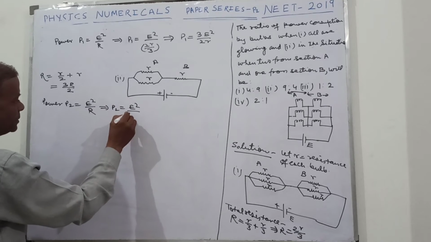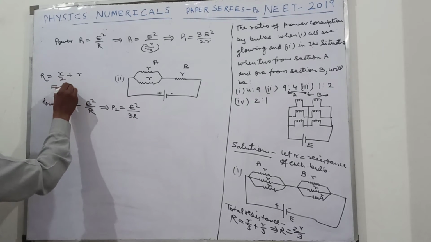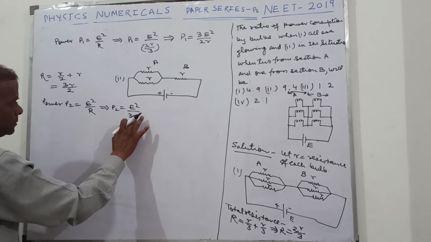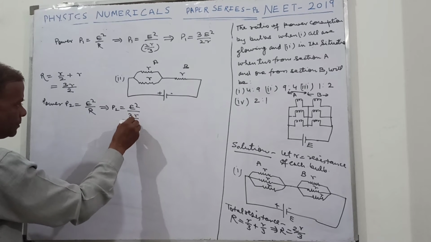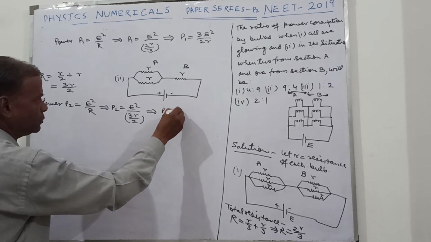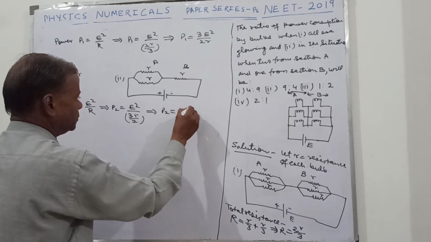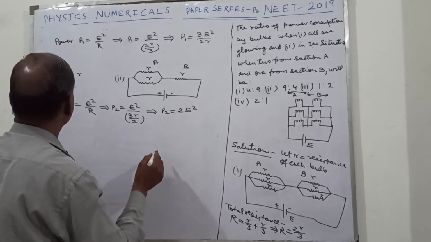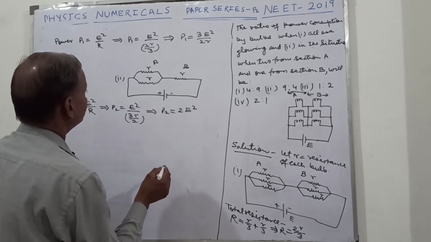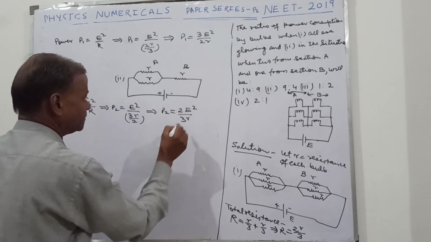So it will give you P2 equal to 2 E square upon 3R.